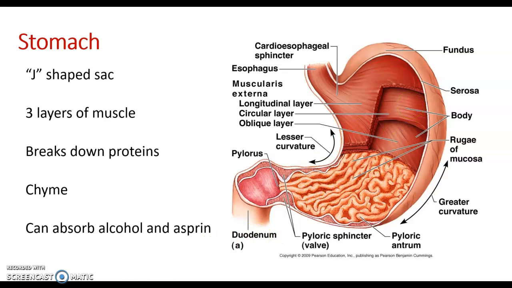But we need that high acidity to be able to break down proteins. So some of the things that the stomach will secrete into the inside will be hydrochloric acid, which hopefully we know to be highly acidic, a very low pH, and pepsinogen.